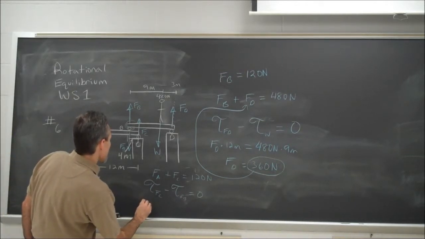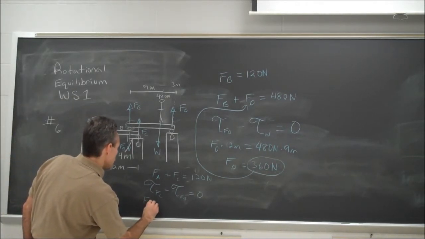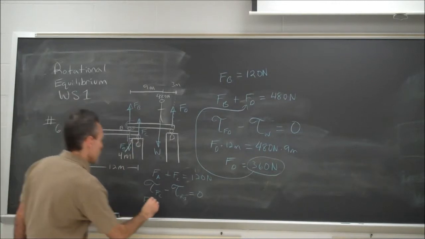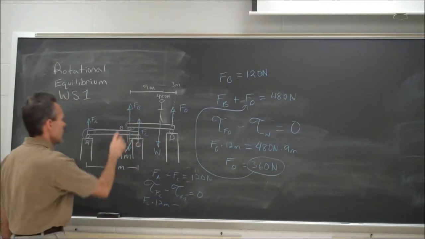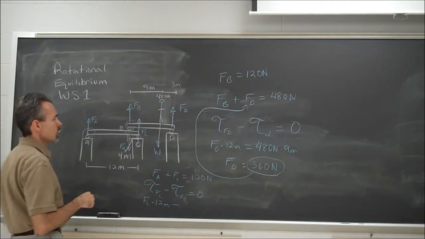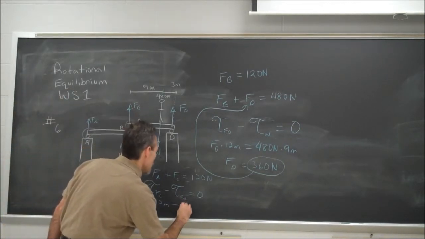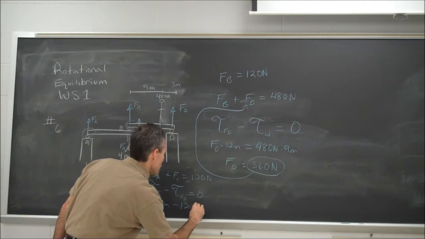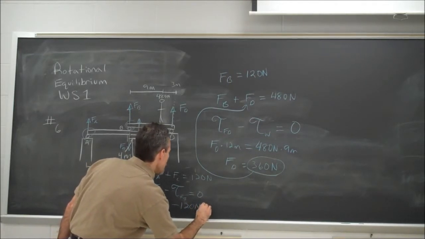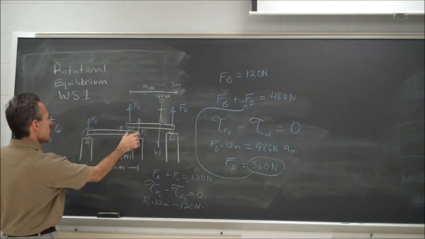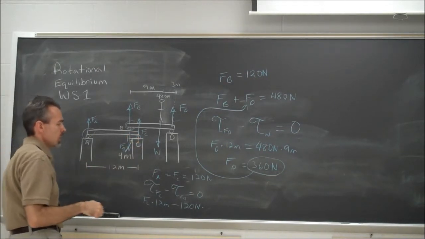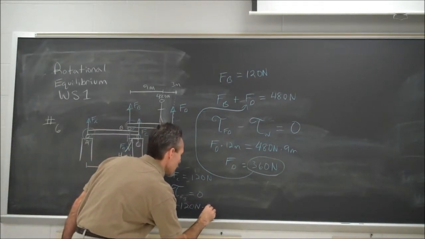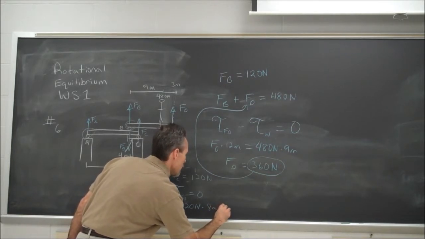So this is going to be FC times the distance away, which is 12 meters, minus the force FB, which is 120 newtons, times the distance away. This is 4 meters here. The whole thing's 12 meters, so 12 minus 4 is 8 meters. So 8 meters equals 0.